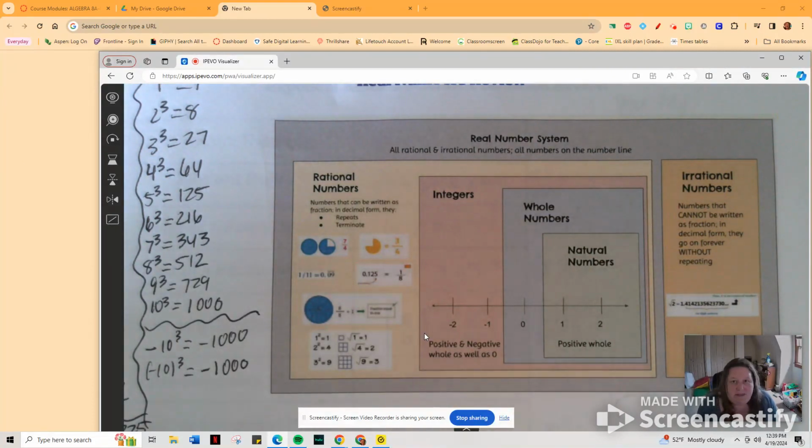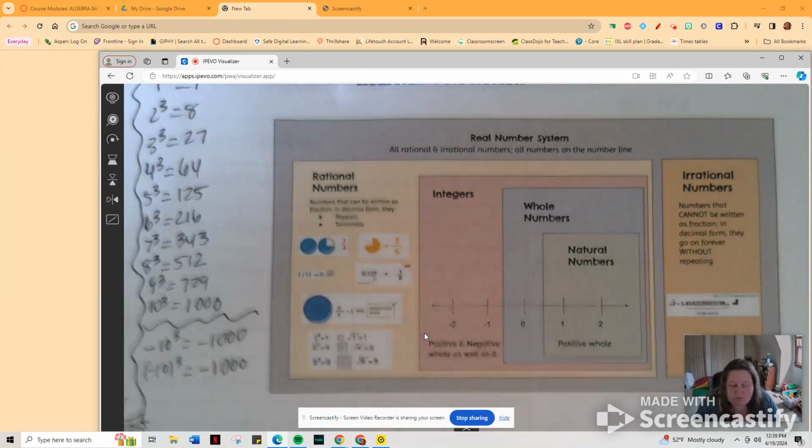If they come out to anything else, it will be a crazy decimal, which we would put in the irrational number category. So irrational numbers cannot be written as fractions. In decimal form, they go on forever and there's no clear pattern. The numbers could repeat within the decimal, but there isn't a clear pattern to show that it's rational.